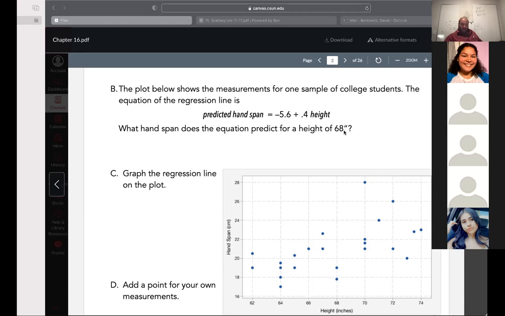So if you want to predict, all you got to do is plug it into your regression line, and out will pop the value as long as it's in the region that you're allowed to use. So 68 produces 21.6. 21.6 is about there.